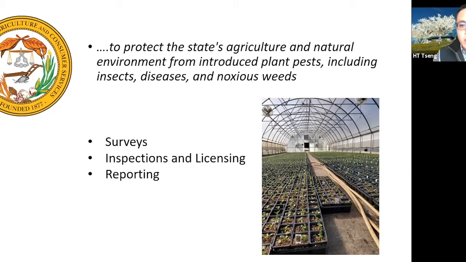And we also rely on reporting from nursery growers, and sometimes we will get a call from concerned citizens as well. But working closely with nursery growers and other agricultural producers is a very important way for us to learn about potential hazards and potential new disease or pest problems.